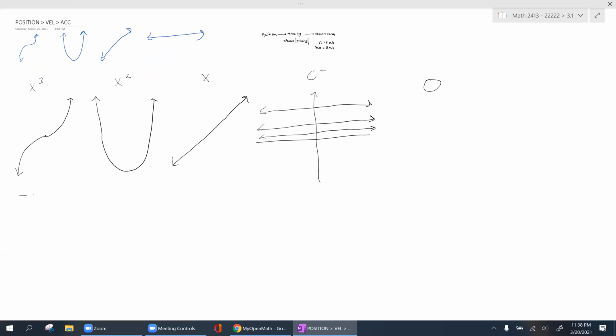If you're dealing with a negative x cubed function, that looks like this. If you were to derive that, it's going to be a negative x squared type of function, which we know if it's parabolic up, it's going to be parabolic down. If you were to derive that, it'll give you a linear function with a negative slope, which goes downwards.